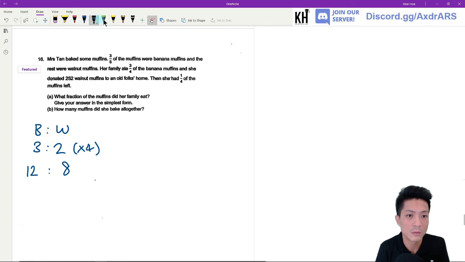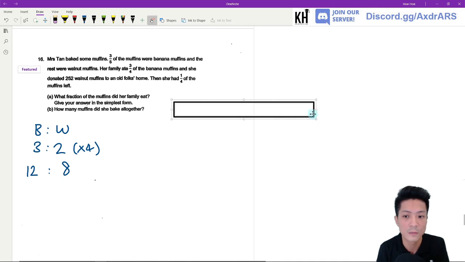Okay, let's draw a model so that you can visualize it a bit better. I'm not going to cut it up into parts. I'm just going to cut a line somewhere here where 12 units is the banana, and the 8 units will be the walnut.